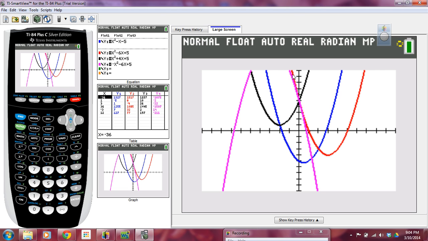All right, y2 is the red one. If you look at it, it's crossing the x-axis at 1 and 5, and on the y-axis it's crossing at 5, and its vertex looks to be at 3, -4. So I think this is the clear winner, but we're going to go ahead and discuss the other ones. Here's your y3, should be right over here.